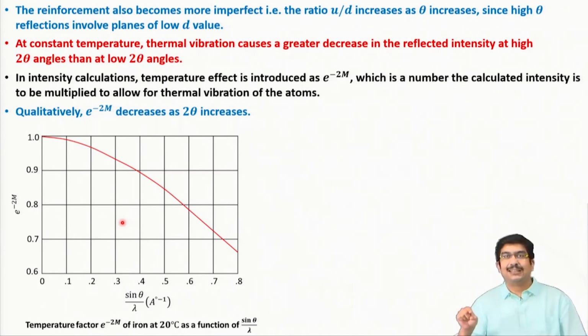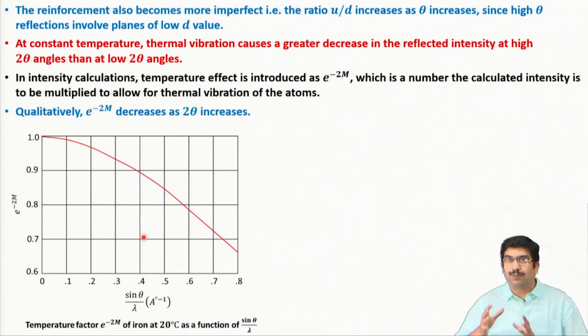As theta increases, that means as we move towards higher and higher diffraction angle, sin 2 theta, we are moving from something like a forward diffraction to backward diffraction. So if theta increases, the d value will decrease. The reflections for low d values will occur at higher 2 theta.